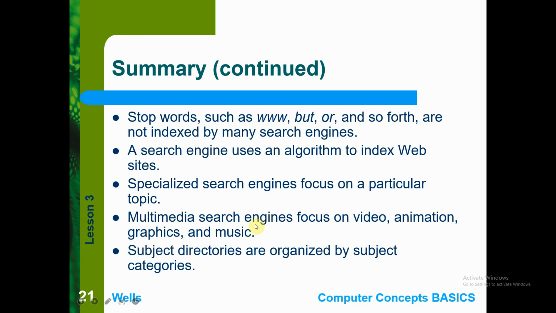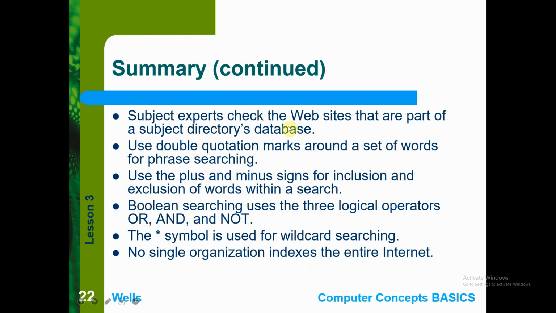And we have subject directories organized by subject categories, from main category, subcategory up to the specific term of a category to display the search results under that directory. And subject experts check the websites that are part of the subject directories database, and then using double quotation marks to set off words for phrase searching.